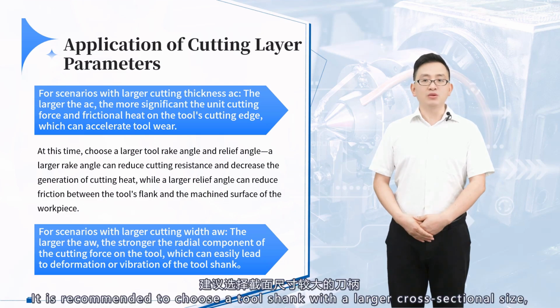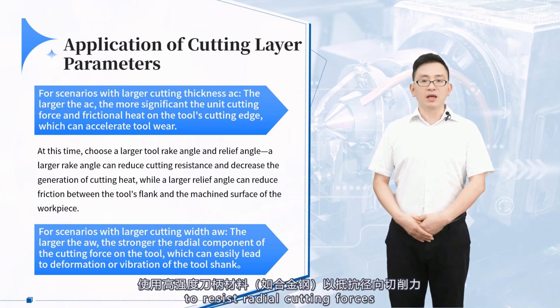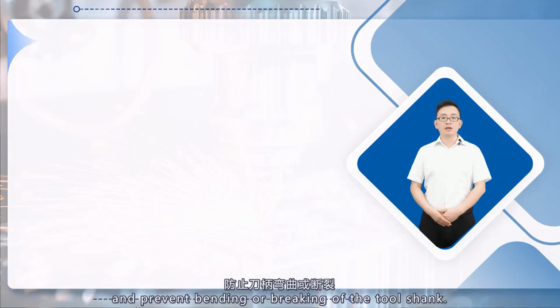It is recommended to choose a tool shank with a larger cross-sectional size and, if necessary, use high-strength tool shank materials, such as alloy steel, to resist radial cutting forces and prevent bending or breaking of the tool shank.